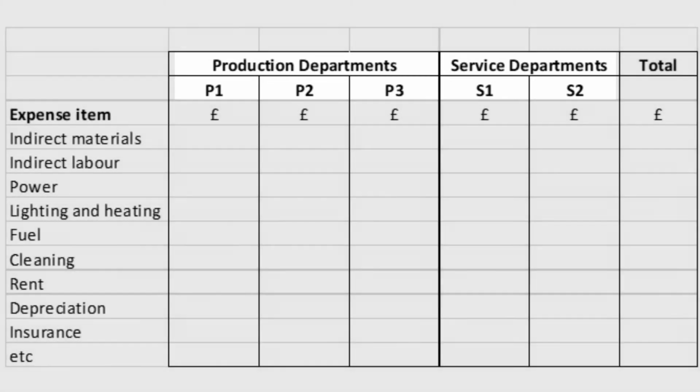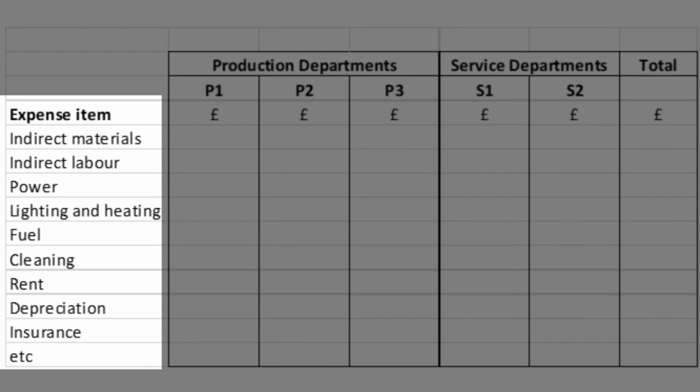Then we have a list of the various overheads the company incurs. Be assured that these are all overheads, so you may see the word materials and labour in the first 2 labels, and you may think, these are direct costs because materials and labour are direct costs. That's true, but not here, because these are indirect materials and indirect labour.